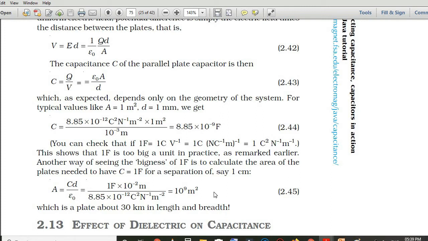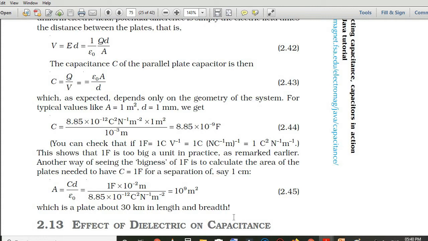It means for getting 1 farad capacitance, we need to make a capacitor with a plate size of about 30 kilometer length and breadth. That is not at all possible. What does it mean? All these things were given here just for you to understand. Farad is a very large unit.